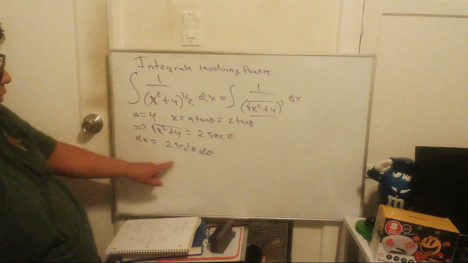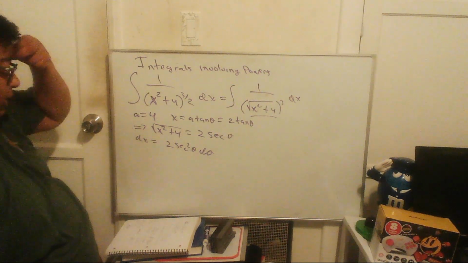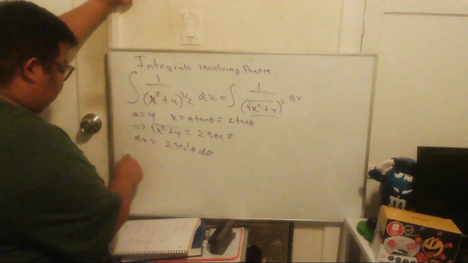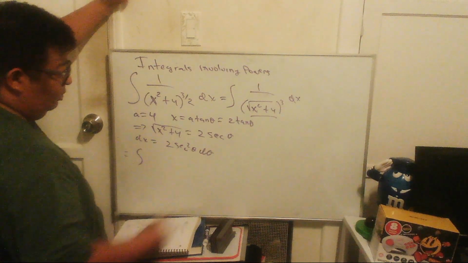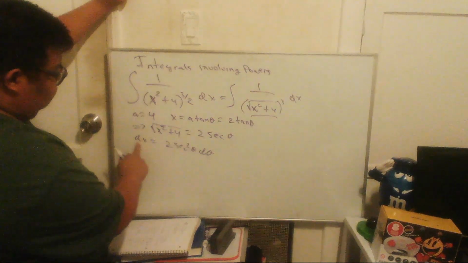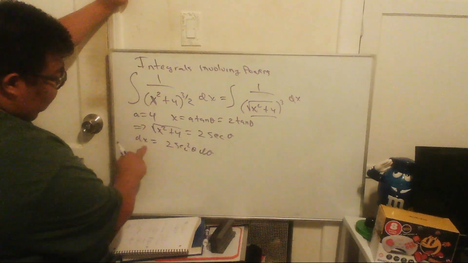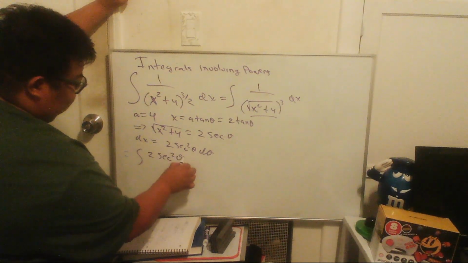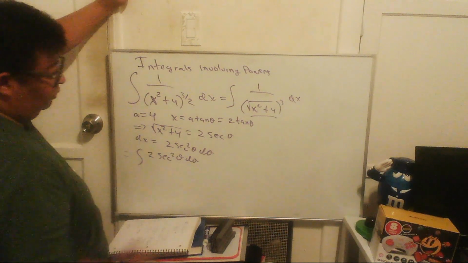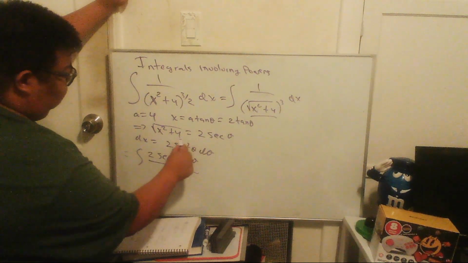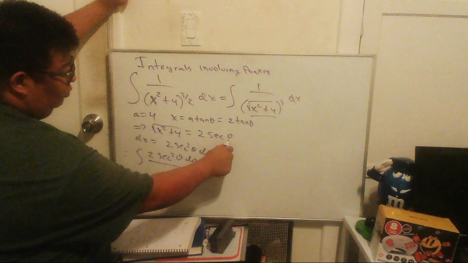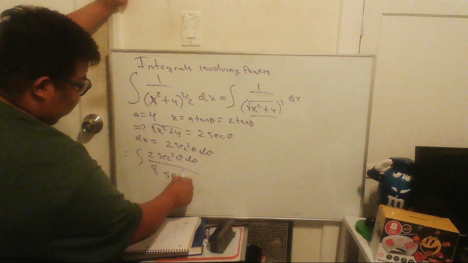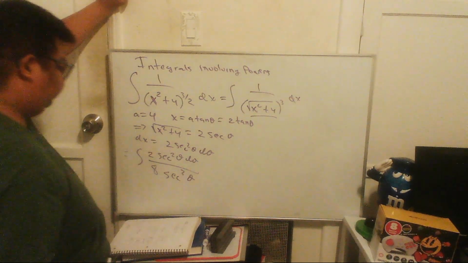Now that we have x in terms of theta, we're gonna change to theta here. So the integral becomes, okay, so what is 1 times dx? dx is this one here, so 1 times dx is the same thing as dx, equal to 2 secant squared theta d theta. And then the radical, of course, is 2 secant cubed, so that's gonna be equal to 8 secant cube theta.